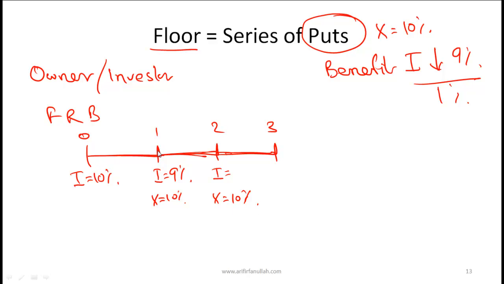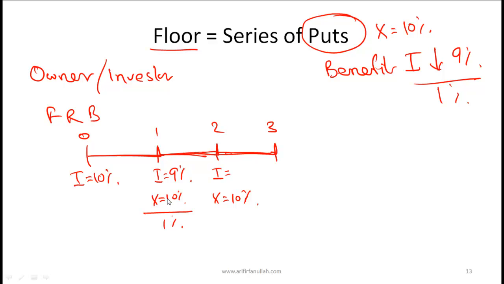When you come to the end of period 1 or the beginning of period 2, if the interest rate is 9%, then on a regular floater as an investor you would have received 9%. However, since you have this put option, you have a net benefit of 1%.